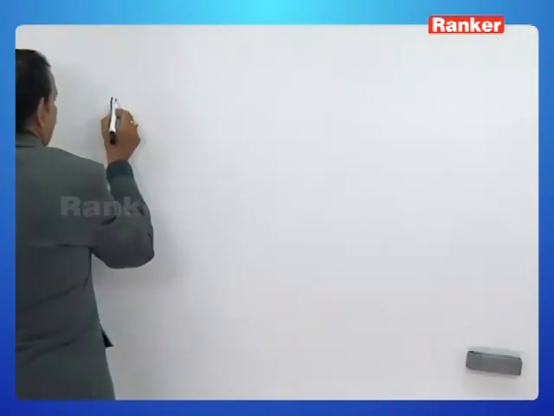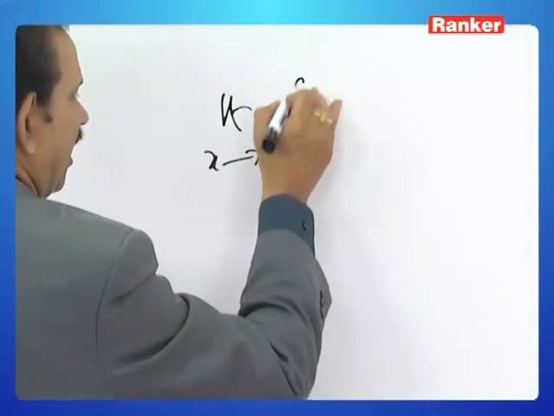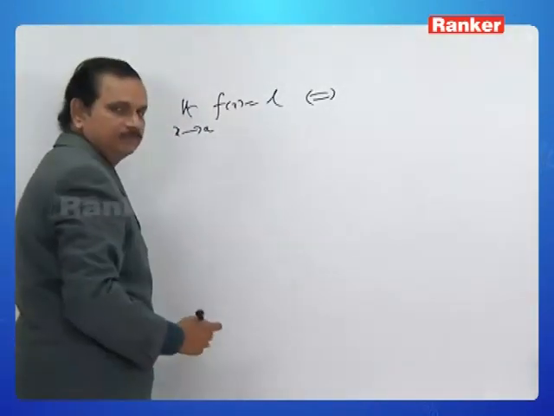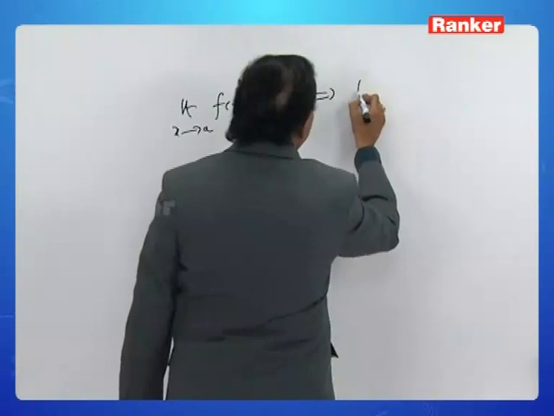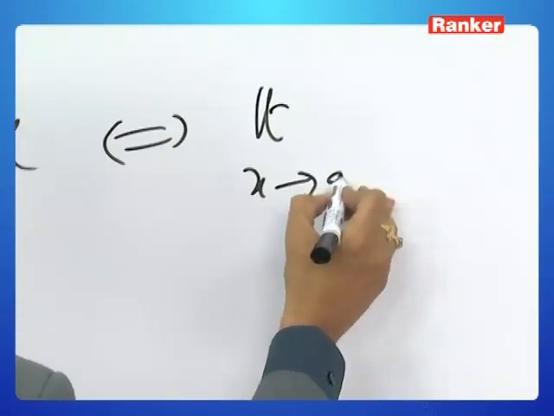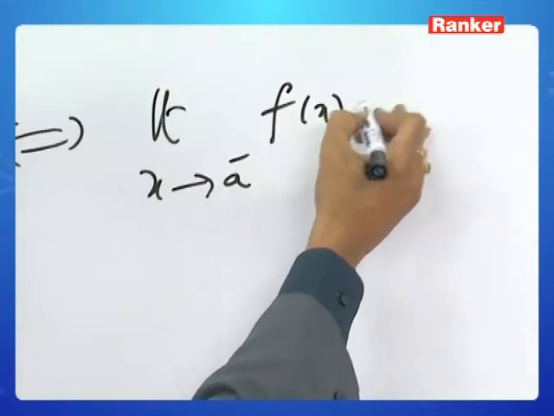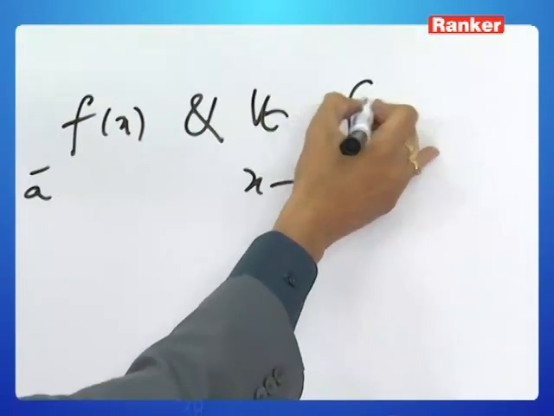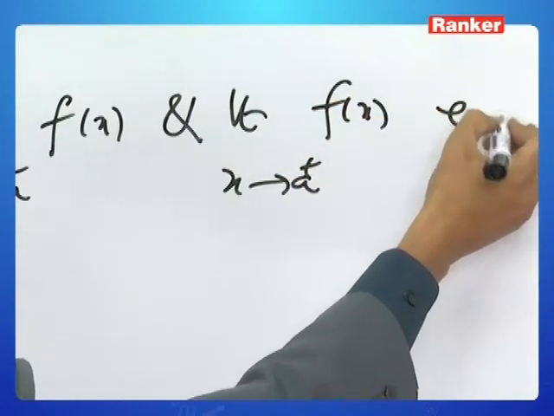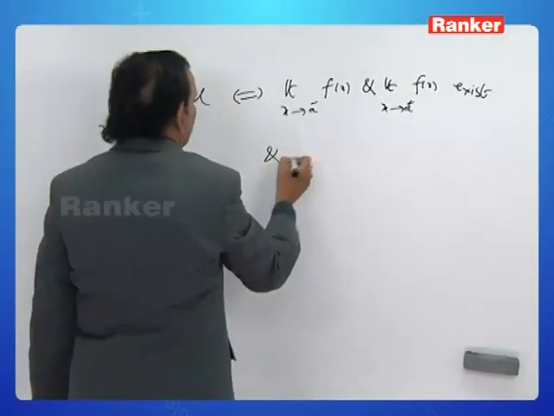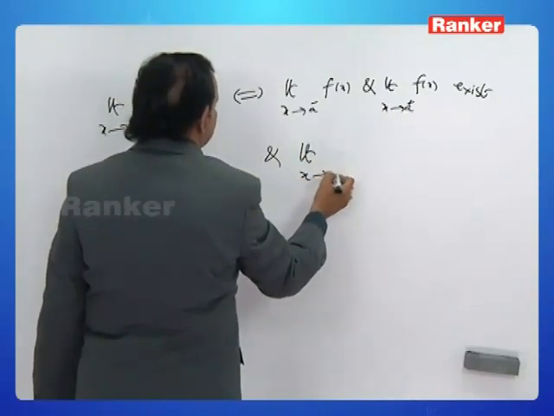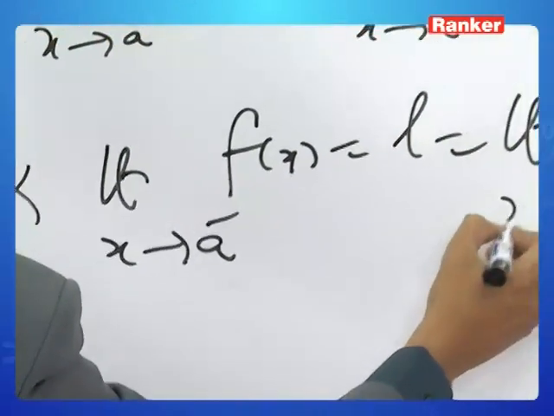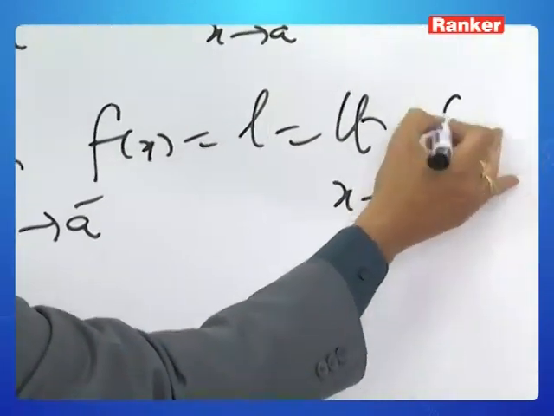Well, let us have a conclusion. Limit as x tends to A of f of x is equal to L if and only if limit as x tends to A from left of f of x and limit as x tends to A from right of f of x exist, and limit as x tends to A from left is equal to L is equal to limit as x tends to A from right.